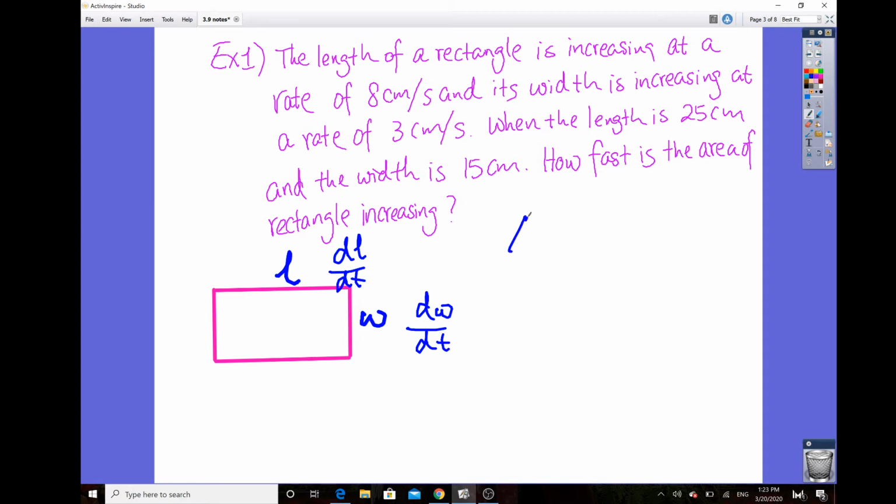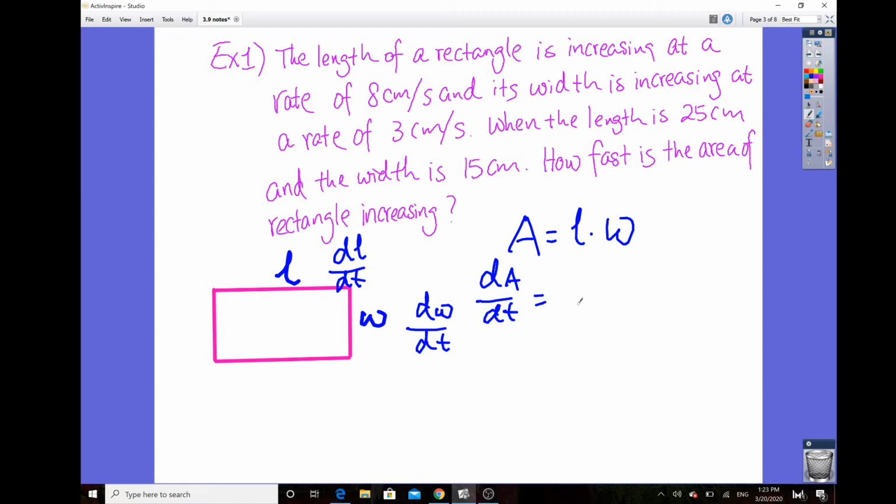One thing we noticed is that the way to find the area of a rectangle is length times width. Since we have three variables, we can take the derivative implicitly. So we have dA over dt. For the length and the width, we need to use the product rule.